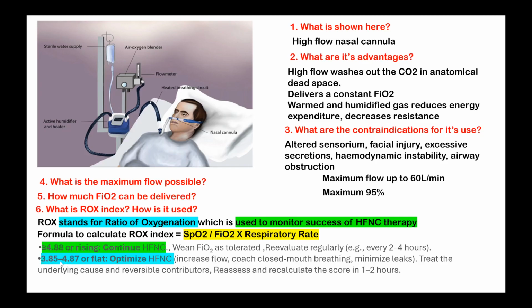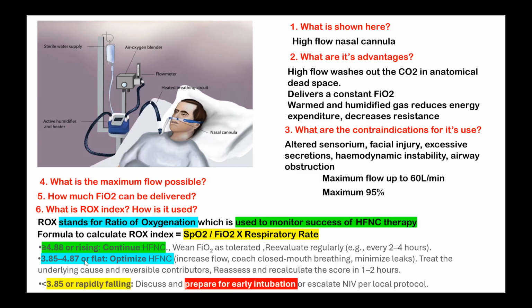So 3.85 to 4.87 or flat, that is optimize HFNC: increase the flow, coach closed mouth breathing, minimize leaks, and treat the underlying cause like reversible contributors. You can suction the airway, you can reduce the obstruction, and again reassess. So don't discontinue HFNC when the value is 3.85 to 4.87.